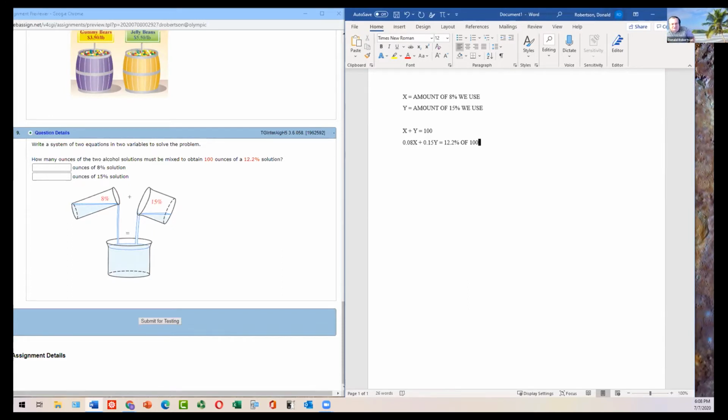Now, in this case, annoyingly, isn't 12.2% of 100 12.2, right? But I want you not to think that's the case, because imagine it was only 50 grams of the stuff, right? Wouldn't it be 12.2% of 50? And that would be the number that I would write down.